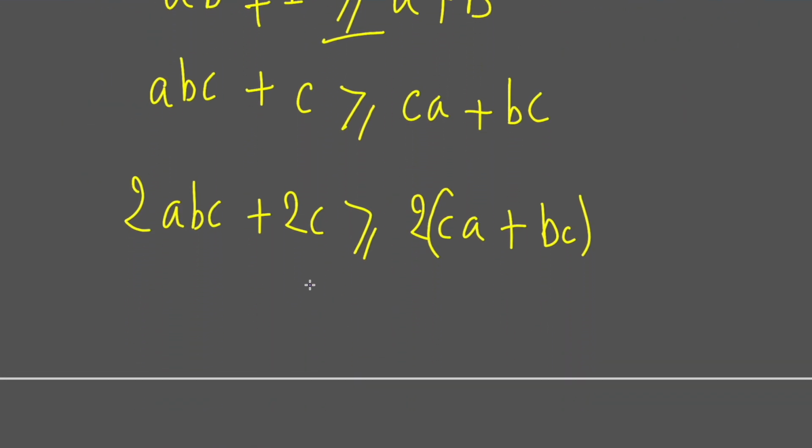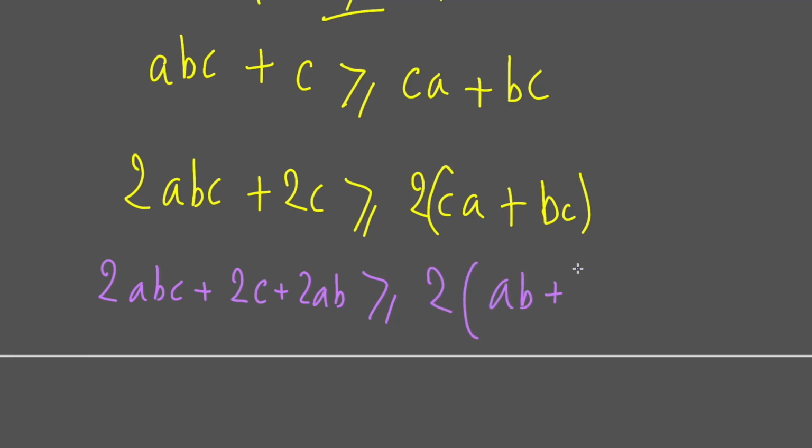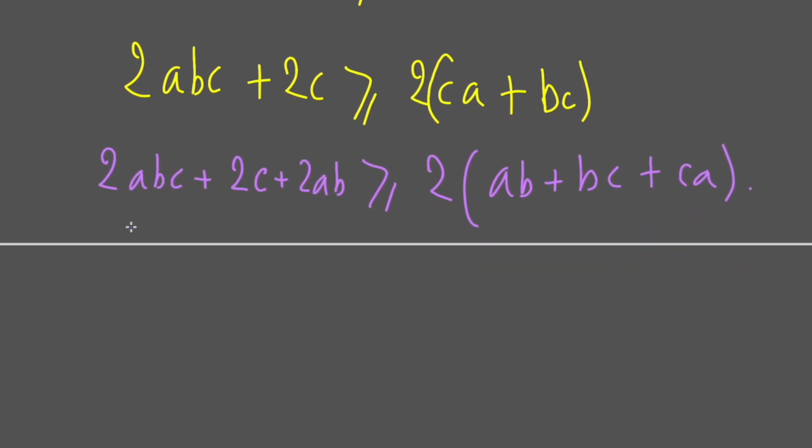So we just add 2ab on both sides, and you would have 2abc plus 2c plus 2ab. Now the right hand side of the inequality will be equal to the right hand side of the equation, and this is the expression on the left hand side of the equation.